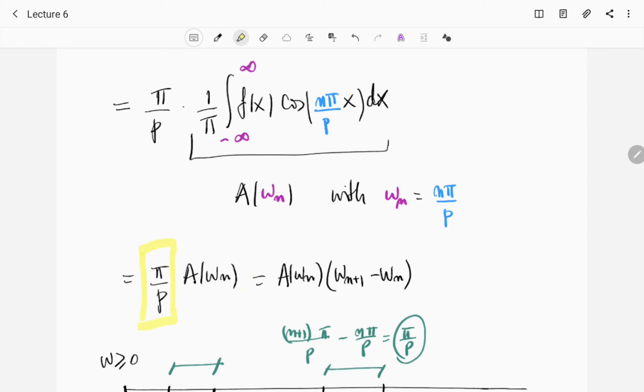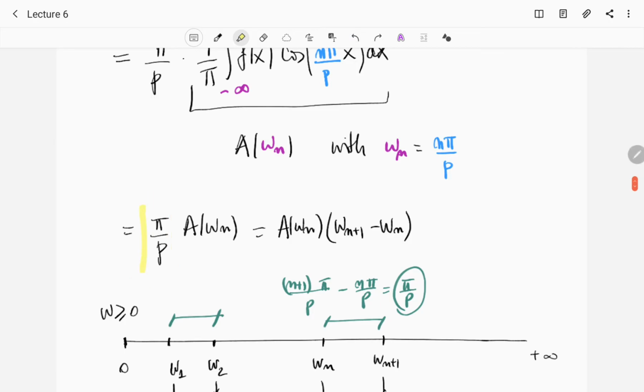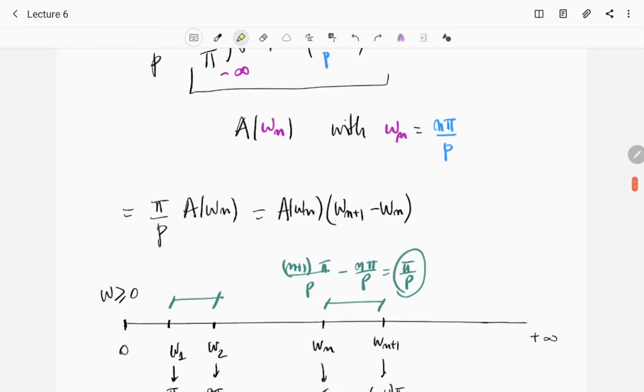Remember the notation omega_n equal to n pi over p. If we take two consecutive values, n plus 1 and n, omega_(n+1) minus omega_n is exactly this value, pi over p.